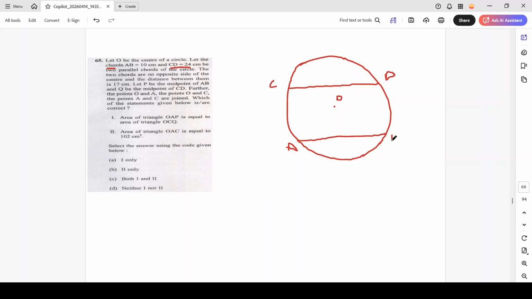This is saying that the distance between them is 17 centimeter. And as we know, the line from the center meeting the chord makes an angle of 90 degrees, so this is the bisector of the chord. If this is 24 centimeter, that means this is 12, and if this is 10, that means that is 5.